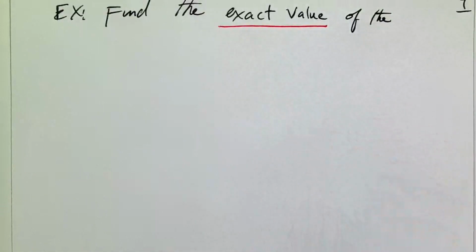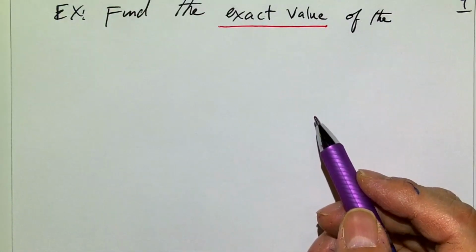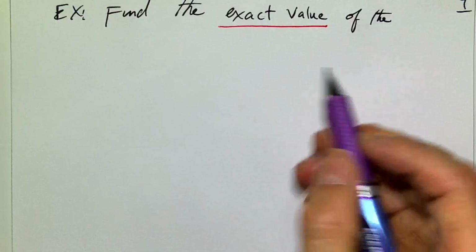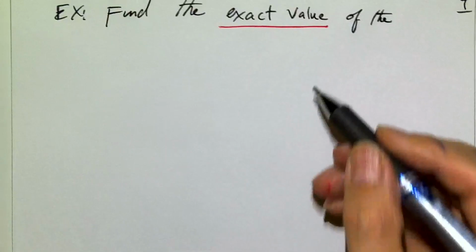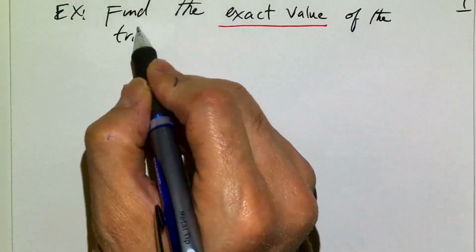So we want to leave it as, say, a square root of 2 over 2 or 1 over 2, or the measures that you just saw us give as the final answer, right? So we want to give our answers in exact value form of the trigonometric functions.